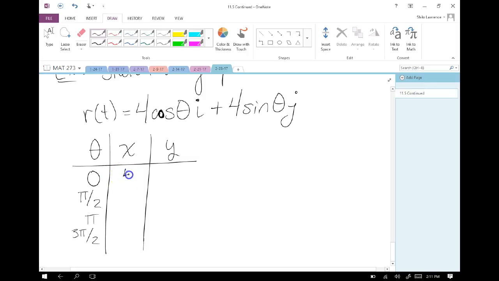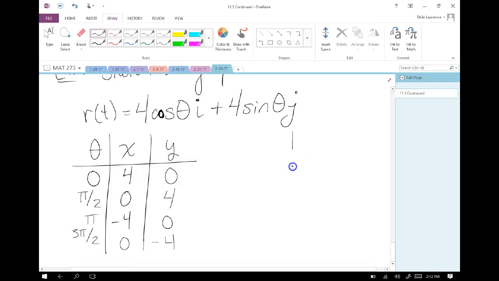Should be 4, yep. And then sine of 0 is 0. For pi over 2, we get 0, 4. Over at pi is over on the negative x-axis. We get negative 4, 0. 0, negative 4.